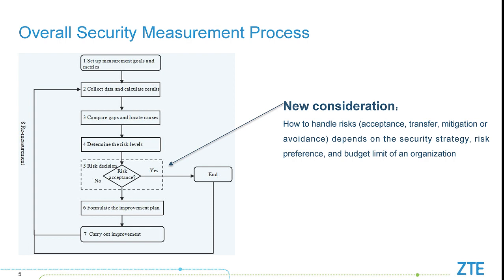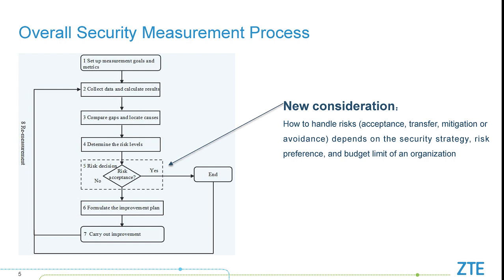Maybe the risk has a relatively low impact on the whole system, or maybe the occurrence probability of the risk is very low.